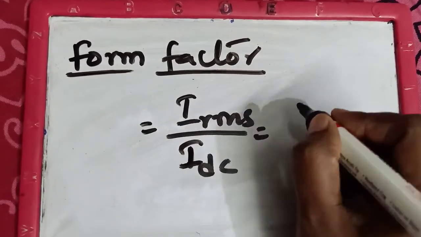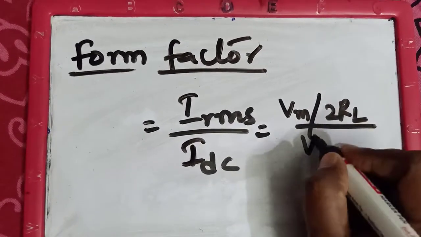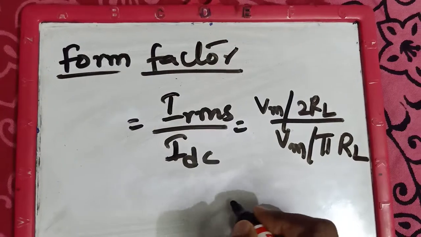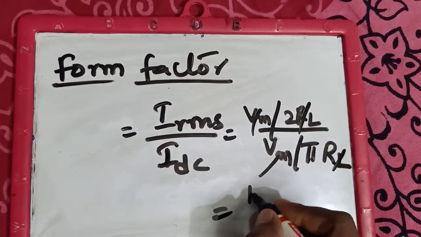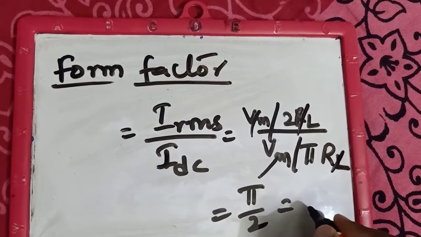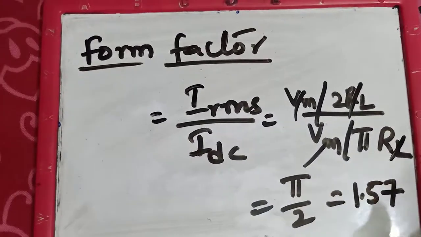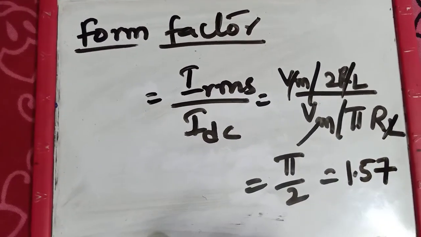If you substitute Vm by 2RL and Vm by pi RL and simplify further, we get pi by 2, which is 1.57. The form factor for the half-wave rectifier is 1.57.